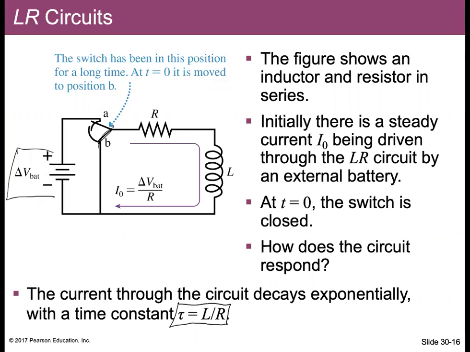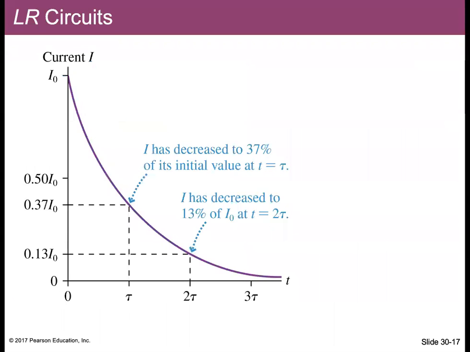And so similarly to an RC circuit, in an LR circuit, we will also see the current decaying exponentially. And so it will look like this, and we'll have the current starting at I naught, decaying exponentially with its time constant tau, where tau again equals L over R.